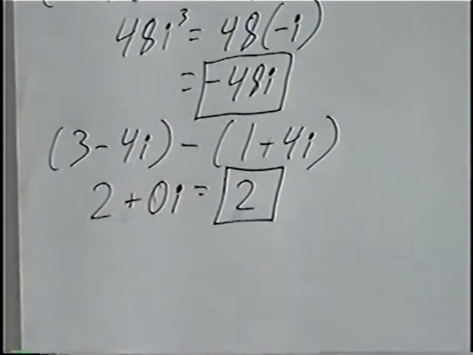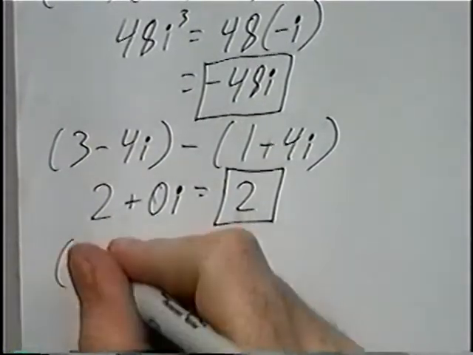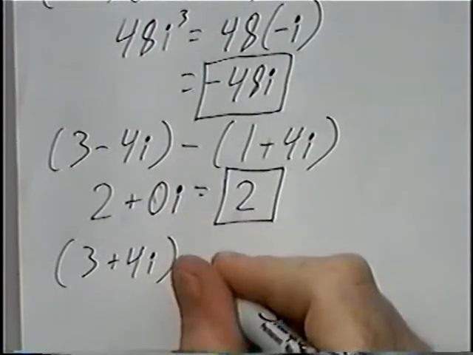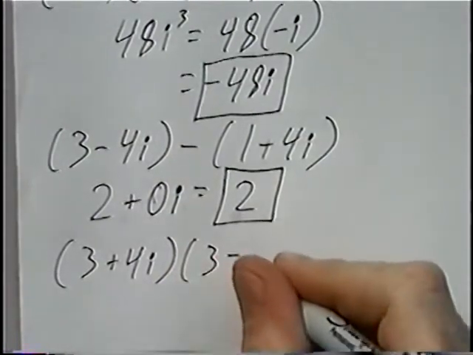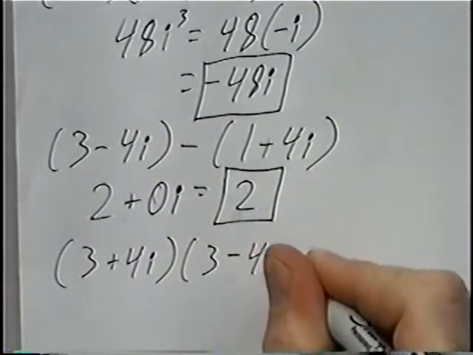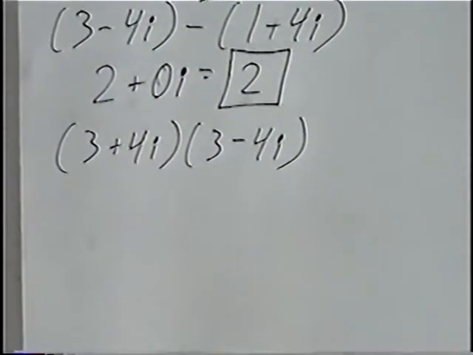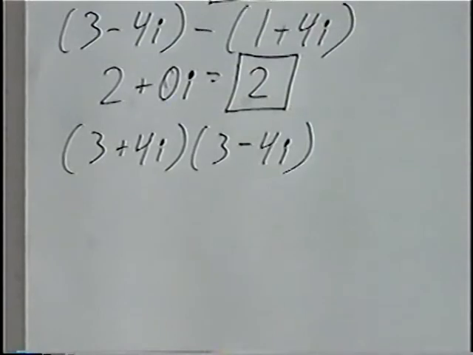Next question for this section. First parentheses, we have 3 plus 4i times a second parentheses 3 minus 4i. Multiplying imaginary numbers, we can multiply them just like a normal variable.